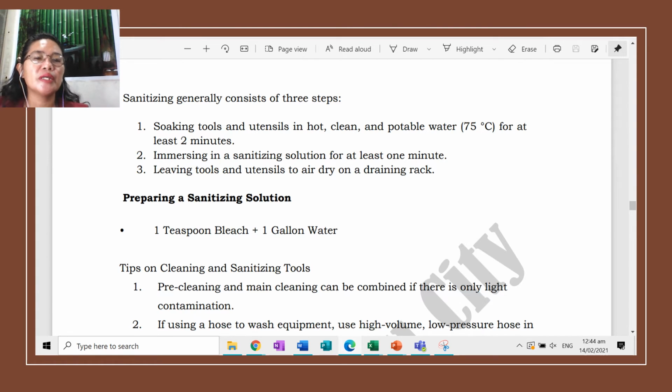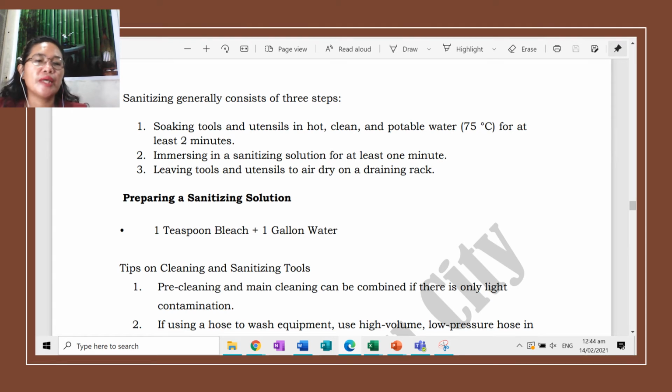Number 1, soaking tools and utensils in hot, clean, and potable water at 75 degrees Celsius for at least 2 minutes. Number 2, immersing in the sanitizing solution for at least 1 minute. Then number 3, leaving tools and utensils to air dry in a draining rack.